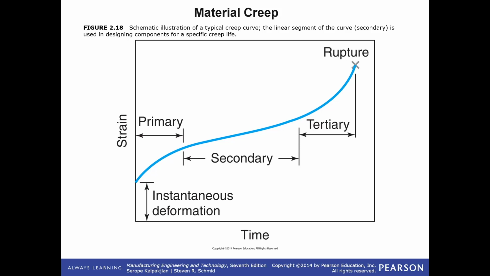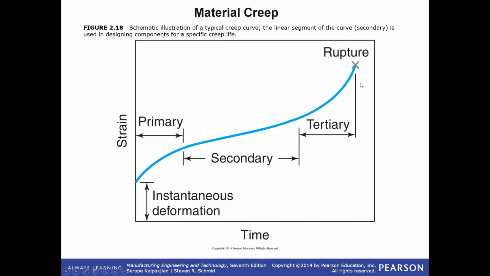Over a long period of time, you end up getting this relationship between time and the amount of strain. Over a period of time, your strain is going to go up, meaning you're essentially stressing that metal, and eventually it stretches and ruptures.